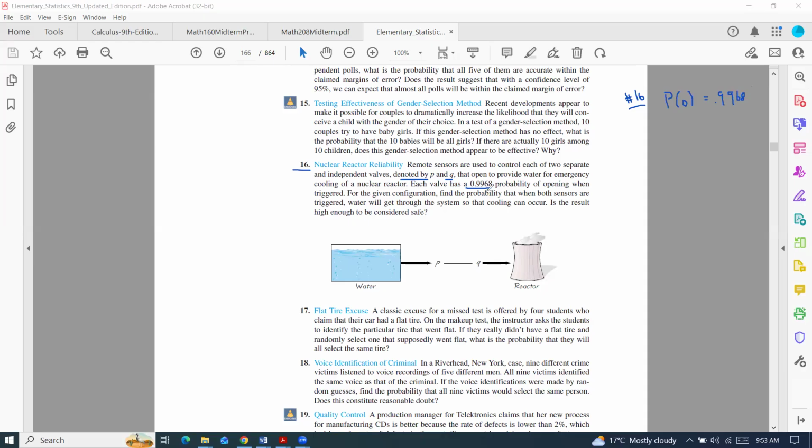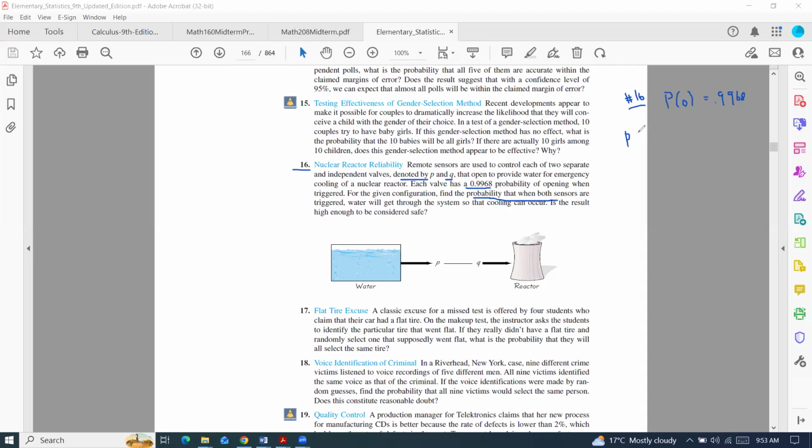In fact, probability is never 100%. So there is always 99 point something, but good things happen. So it looks like they have the backup sensor. And the question is, find the probability when both of them are working.